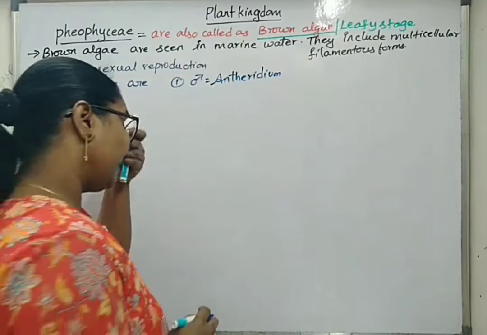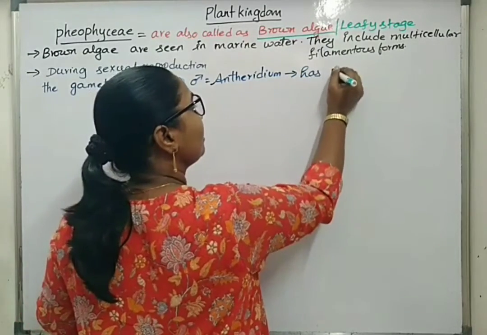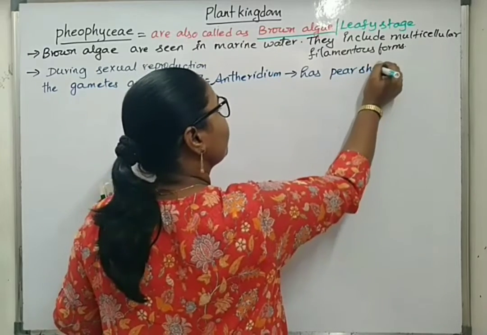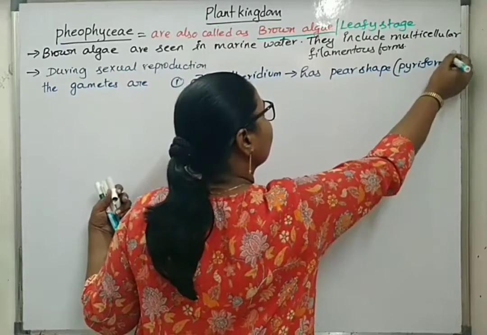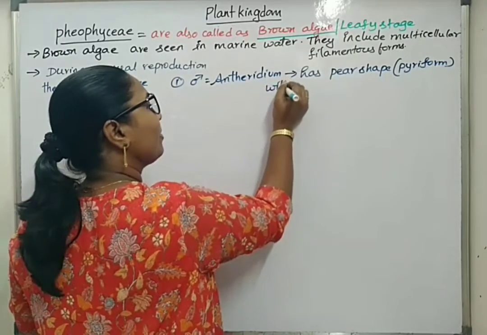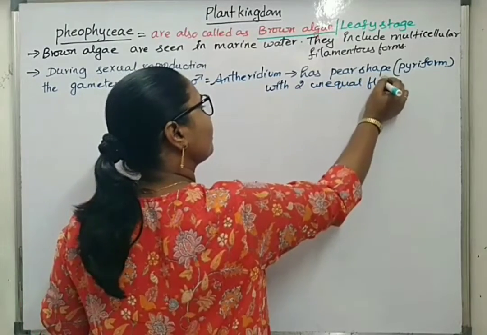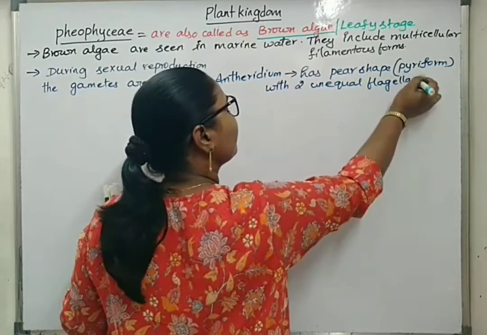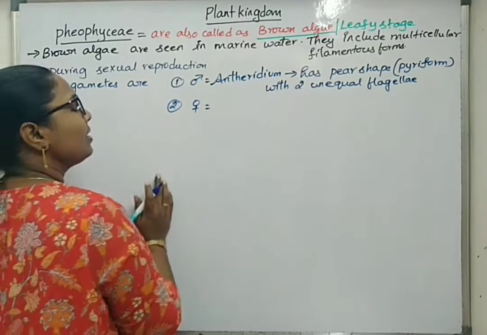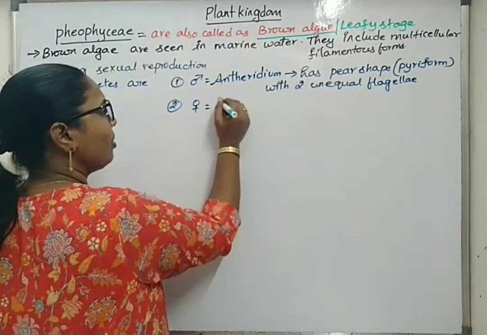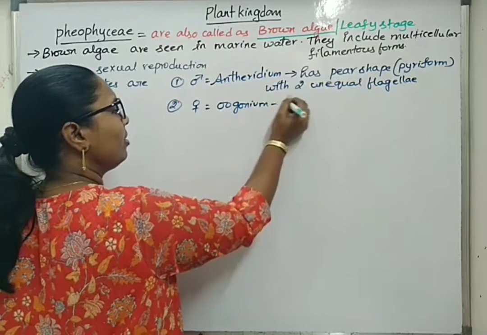So they are called as biflagellated. Next, female gamete, which is called as oogonium or egg.